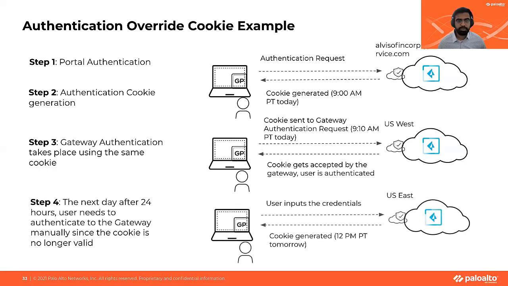So step number 4 is that let's assume that we're talking about the next day. So it's been past 24 hours. At that point in time, if the user were to manually select another gateway, then the cookie is resent to the gateway, which gets rejected, and then the user has to manually enter the credentials to log into the gateway using an admin set authentication mechanism.